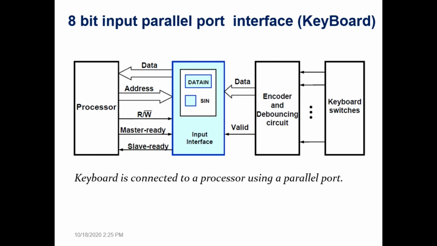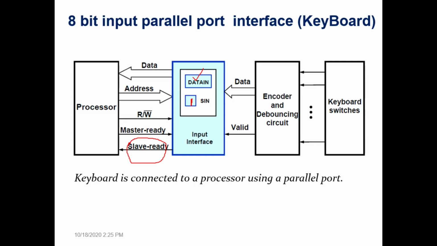So now the interface circuit makes this slave ready signal high to inform the processor that data is ready in the data buffer. When the slave ready signal is high, the interface circuit also makes this SIN as 1, meaning data is there in the data buffer and the processor can read it.